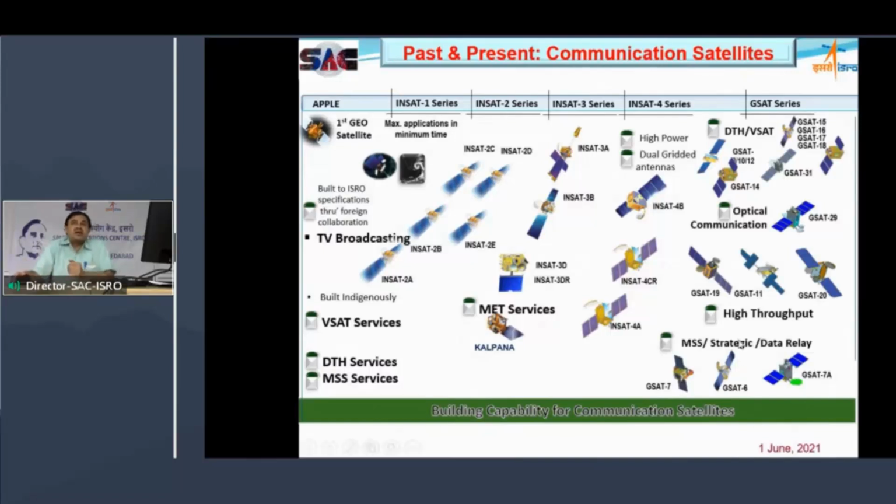And each TV channel will occupy around 3 to 5 megahertz of bandwidth. Now, if you see our previous satellites, INSAT 1, 2, 3, 4 series, one transponder or one communication channel can accommodate 36 megahertz of bandwidth. So if I need 3 to 5 megahertz for one channel, that means I can accommodate only 10 to 12 channels in one satellite transponder.